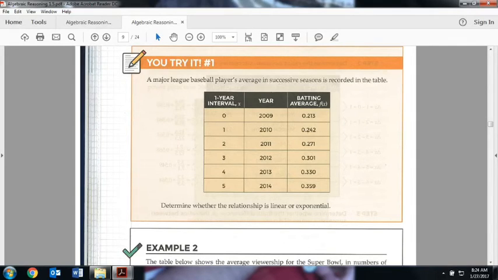Well, because this is an exponential, we can try the exponentials real quick. But I'm going to start off by trying out the linear. So we've got to try if it's subtracting or adding.